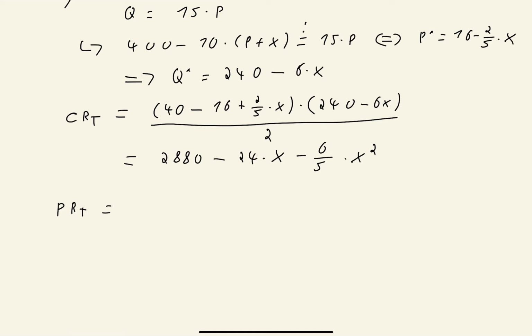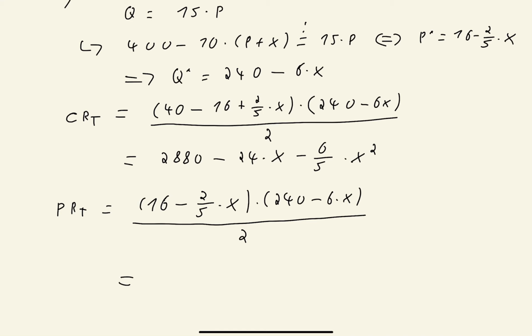And then we have 16 minus 2 divided by 5 times x. So this is the equilibrium price with taxes, times the equilibrium quantity with taxes, 240 minus 6 times x, divided by 2.